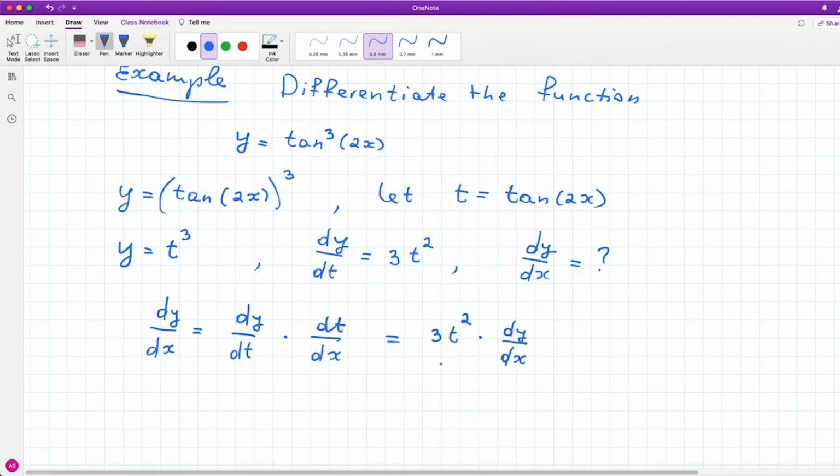Now, of course, here I can replace t with tangent of 2x. So that's going to be 3 times tangent of 2x squared, multiplied by dt/dx.